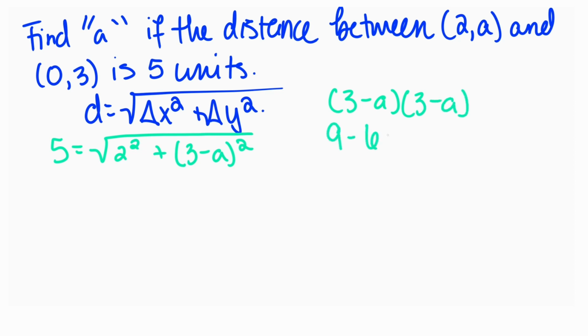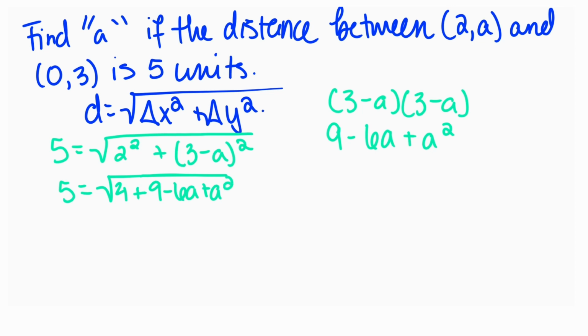And then we're simply going to factor out, distribute. We're going to FOIL 9 minus 6a plus a squared. We're going to get 5 squared equals 4 plus 9 minus 6a plus a squared, which I'm going to go ahead and add and square in the same step. So I'm going to get 25 equals 13, 4 plus 9, minus 6a plus a squared.